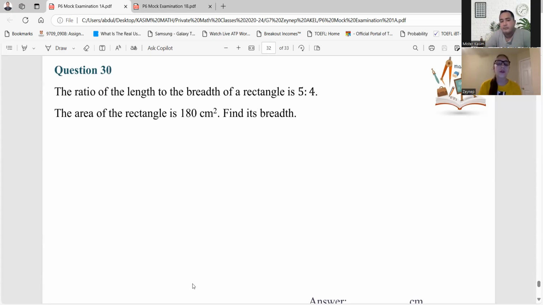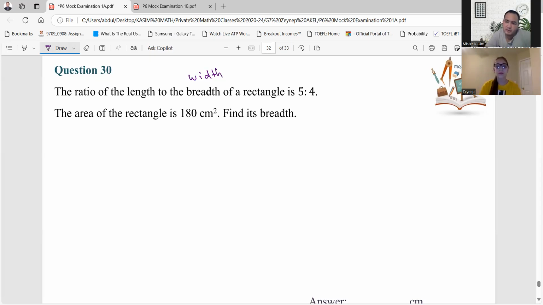The ratio of the length to the breadth of a rectangle is, breadth means width. Why does it say breadth then? Because sometimes it's called breadth or width.